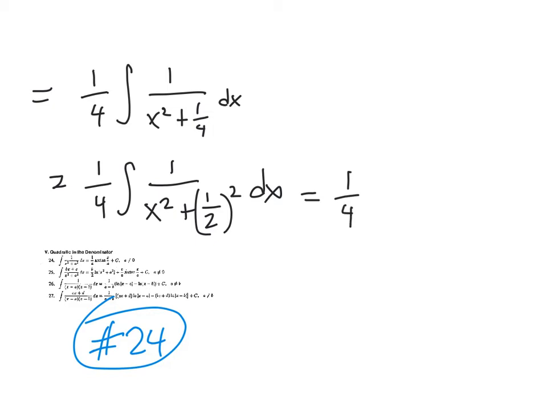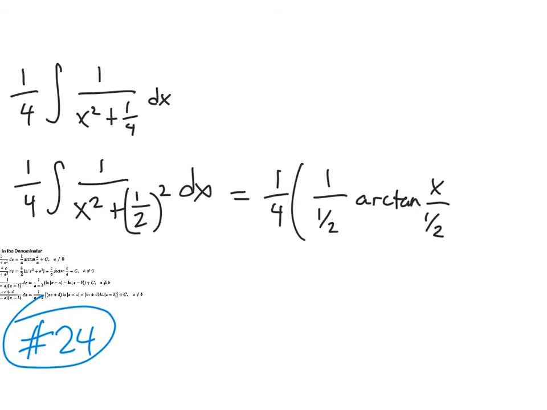1/4 times 1 over a, which is 1 over 1/2, times the arctan of x over 1/2, plus c.